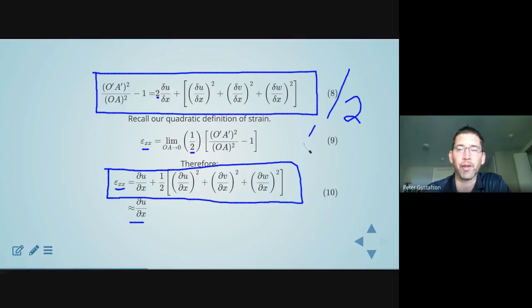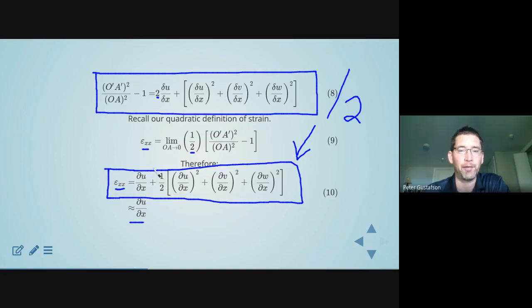And that leads to this equation, which is our definition of strain. By definition, epsilon xx is that expression: the dot product of the new vector divided by the dot product of the old vector, minus 1, all of that divided by 2. It is what we're assuming strain to be.